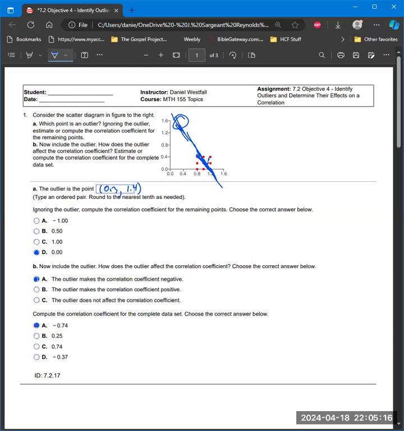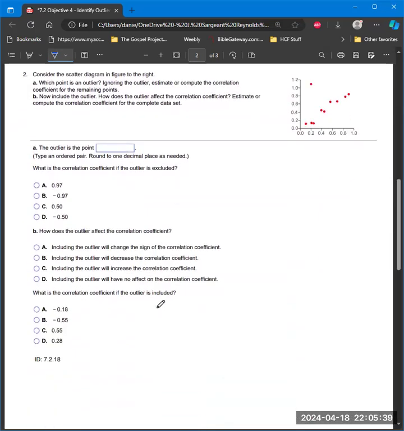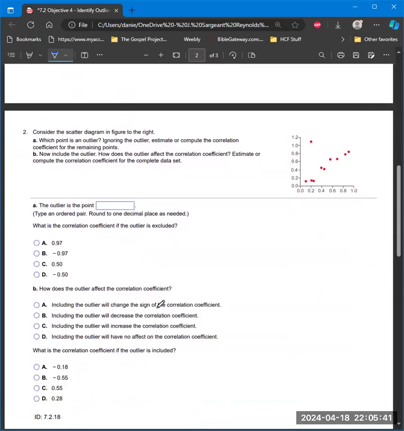So I'm going to say that that's probably going to be about a negative 0.74. We could actually find all those data points and put them in our calculator and make a calculation there, but this is just supposed to help us eyeball it.